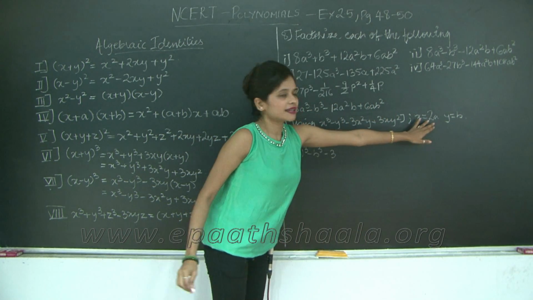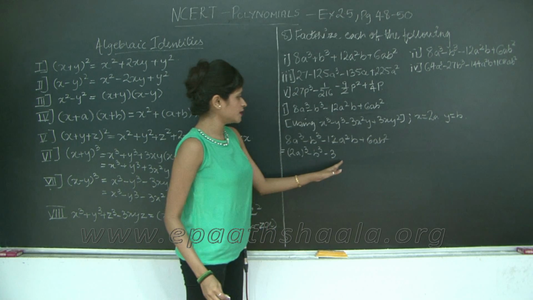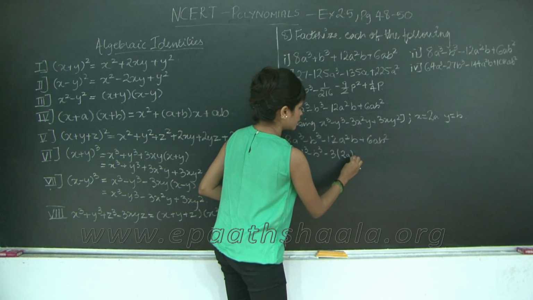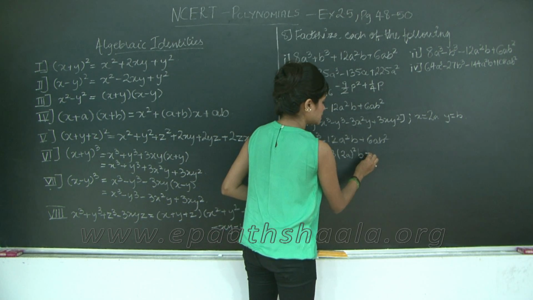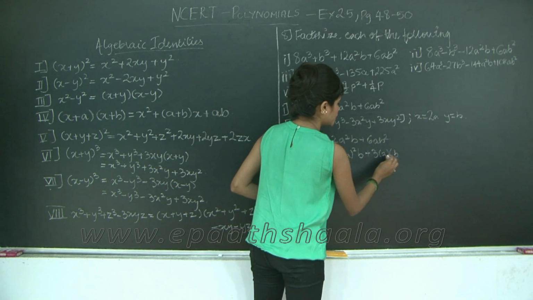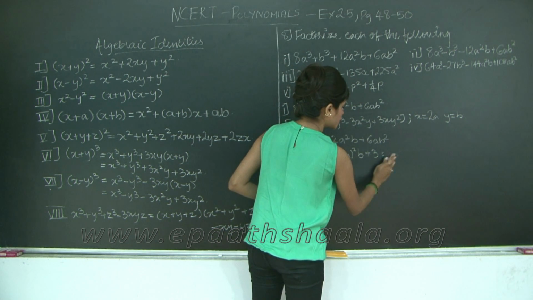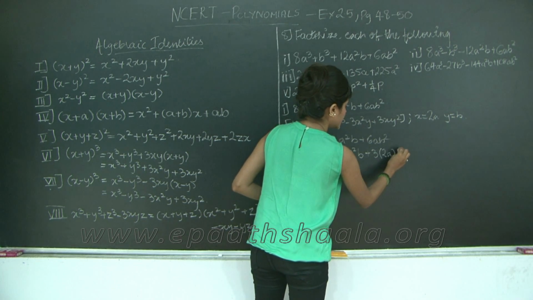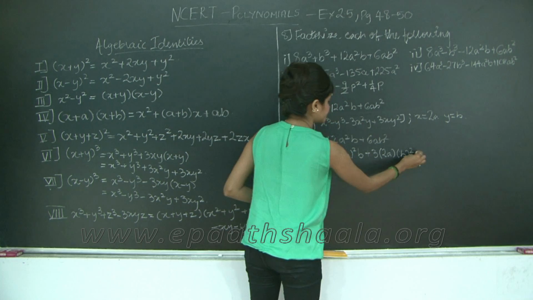So just substituting x is equal to 2a and y is equal to b in my identity, I get 2a the whole square into b plus 3 into 2a into b square.